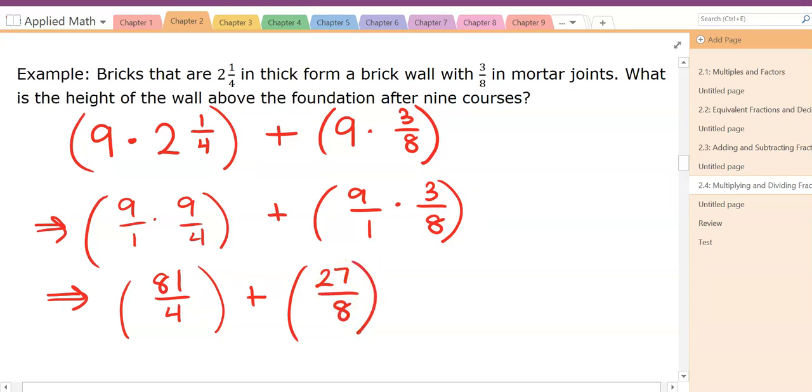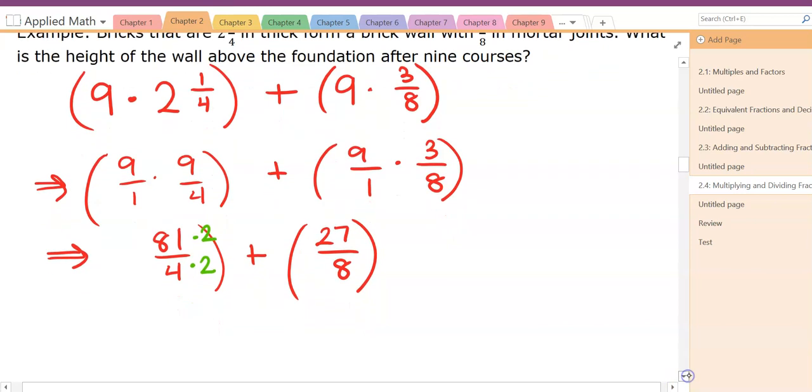So now we're back to adding fractions. That's what we did last section. What can I do to this first fraction to get it to be a like fraction with this one? How do I get the bottom to match? Good, times 2. So we only have to do that to this first fraction. Take the top times 2 and the bottom times 2. So I'm going to get 162/8. I'm going to add that to 27/8.